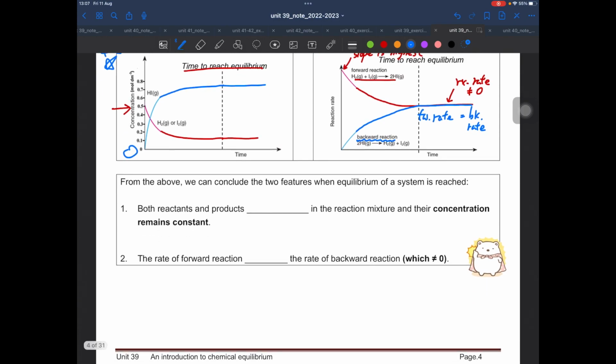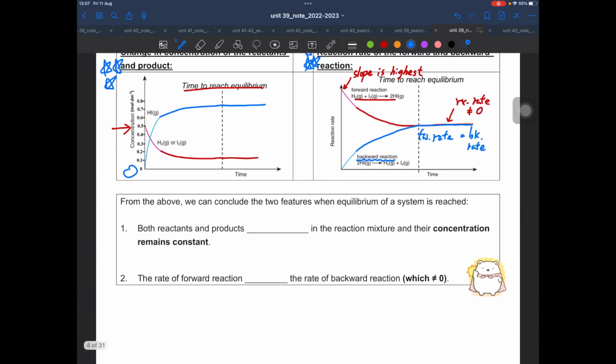Some of you may wonder, the blue line is the backward reaction. I am not discussing the rate of decomposing HI. There are two different stories.